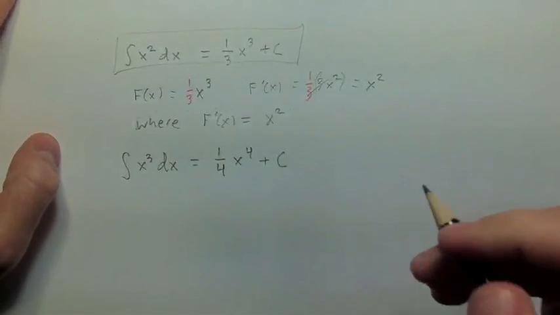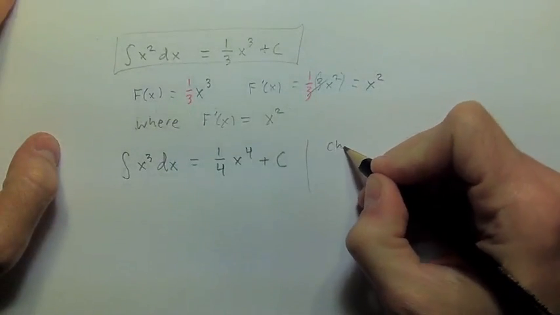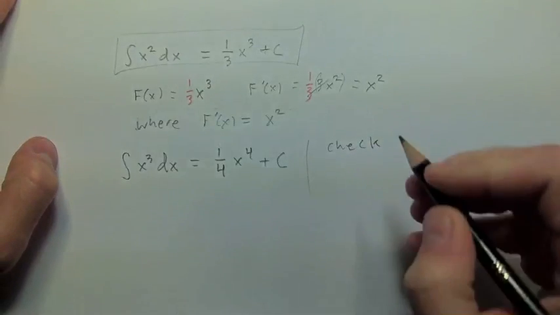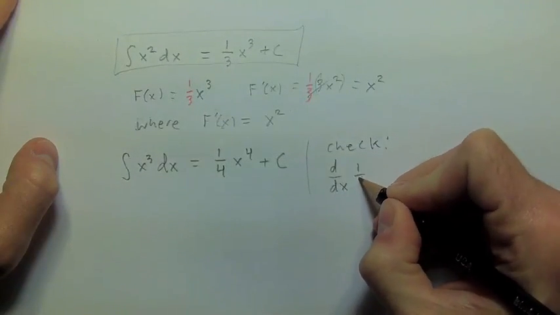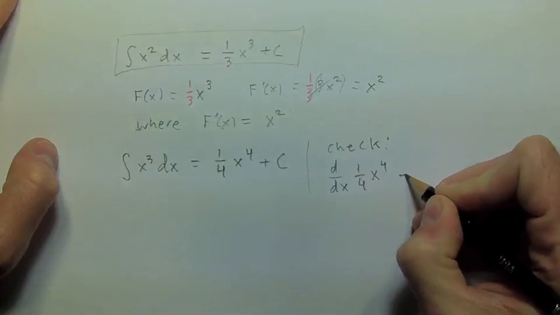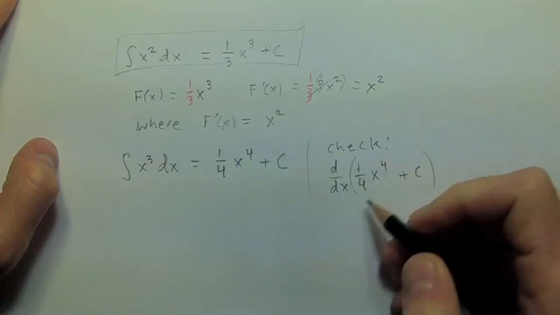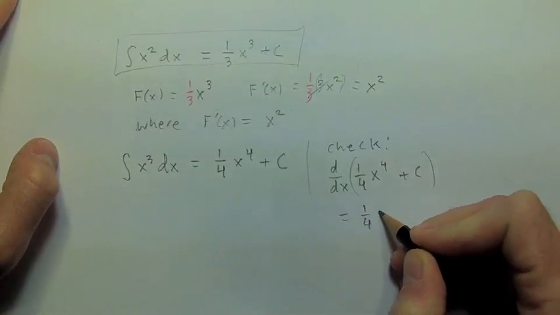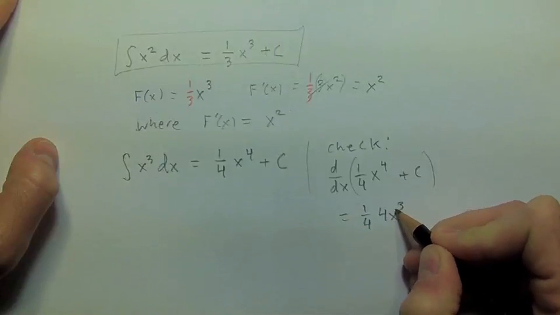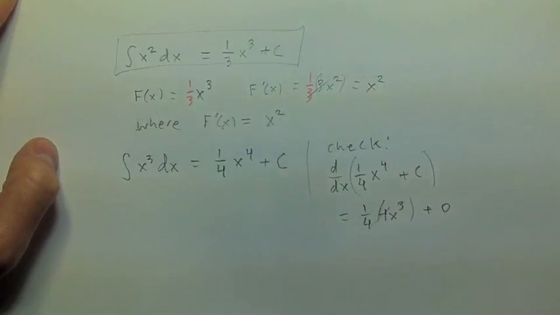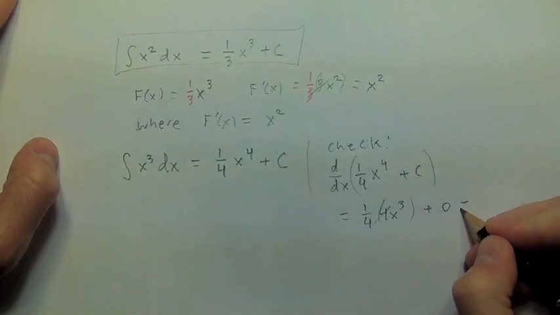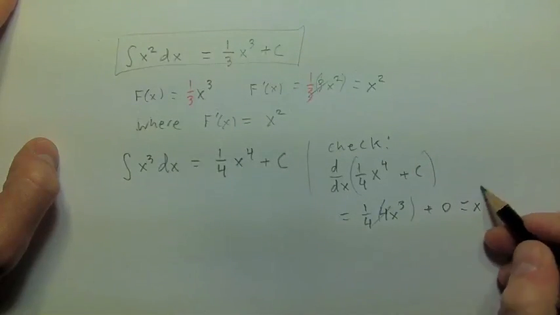And if we wanted to check that, what do you think we do? Well, we differentiate. The derivative of 1/4 x to the 4th plus c gives 1/4 times 4x cubed plus 0, and so the 4's cancel, and we're left with just x cubed, which is what we started with.